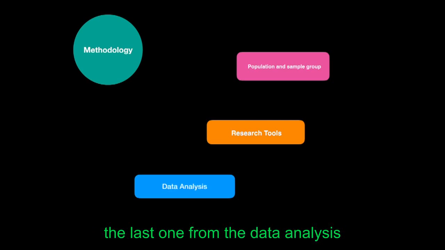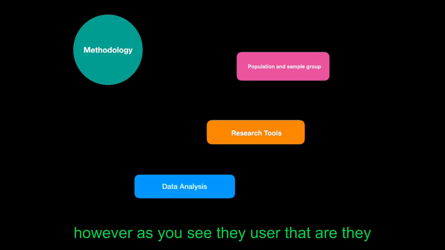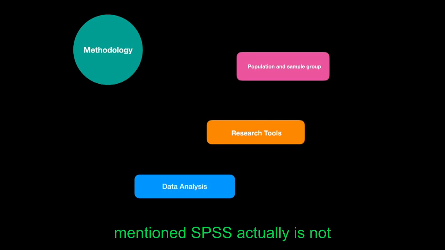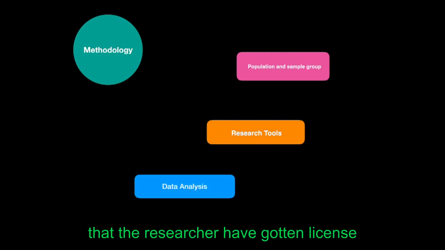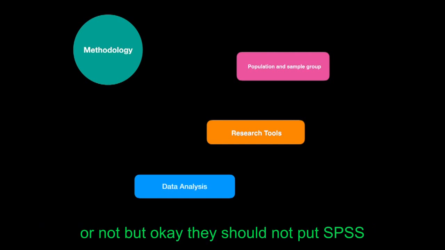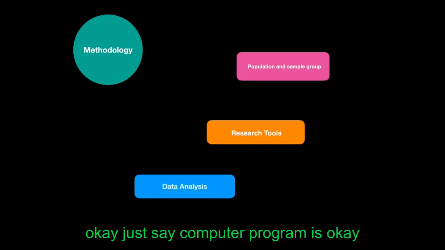And the last one from the data analysis. However, as you see, they mentioned SPSS. Actually, it should not be mentioned here because we are not sure that the researcher have bought the license or not. But okay, they should not put SPSS, okay? Just say computer program is okay.